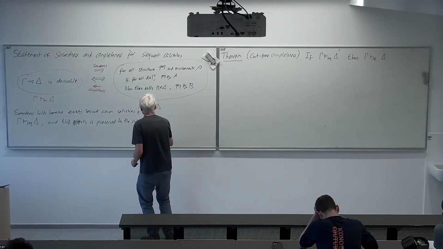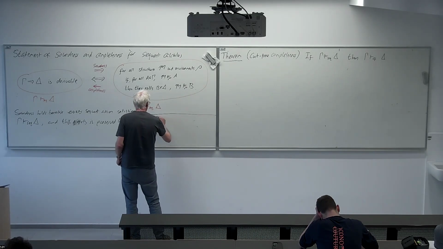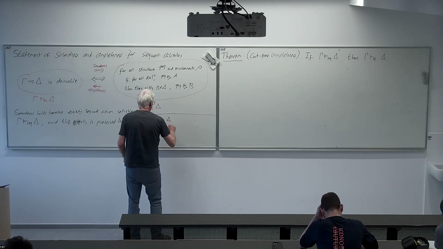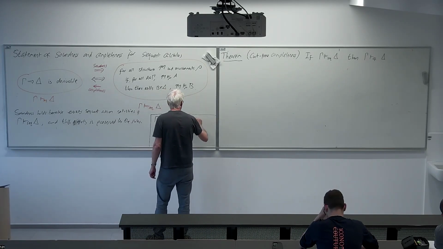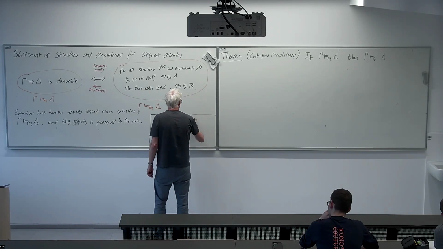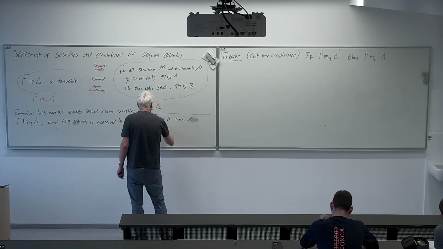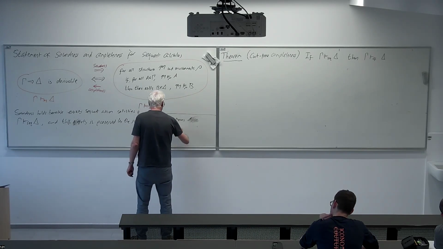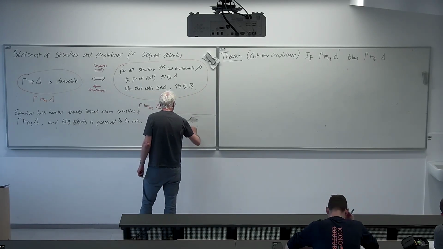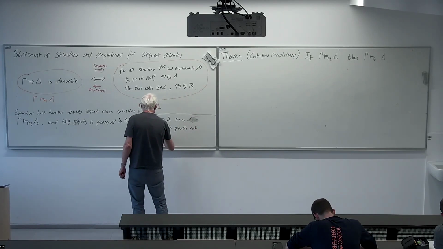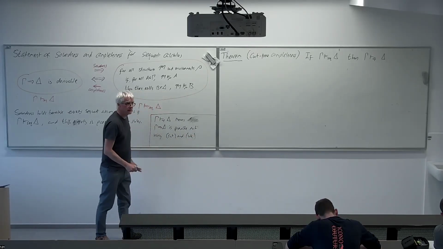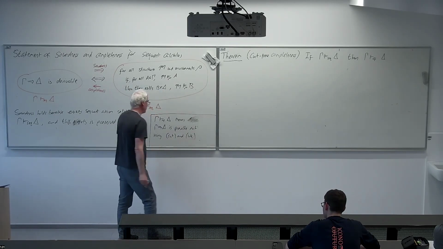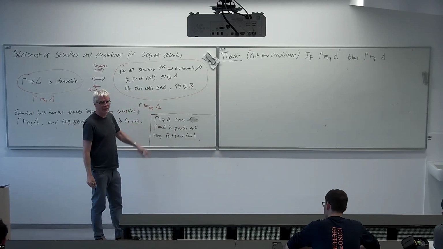So the definition here is that gamma cut-free delta means that the sequent gamma delta is provable not using cut or weakening.